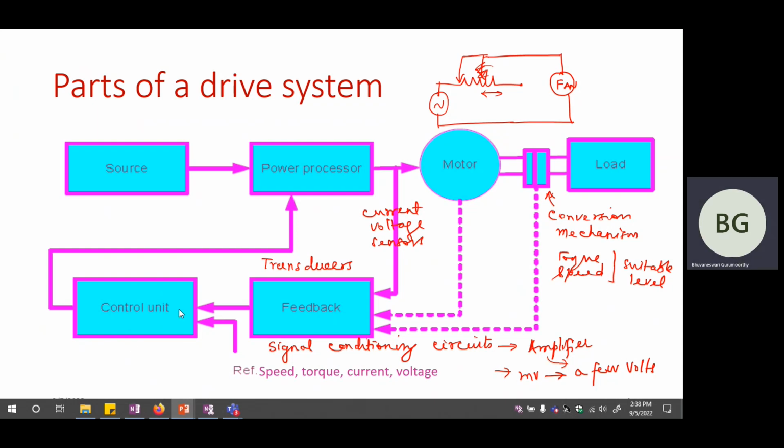So it could be an analog electronic circuit, a digital electronic circuit, or a computer or a processor which would have the algorithm written down already.